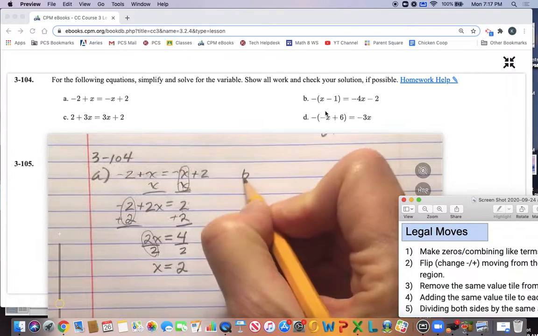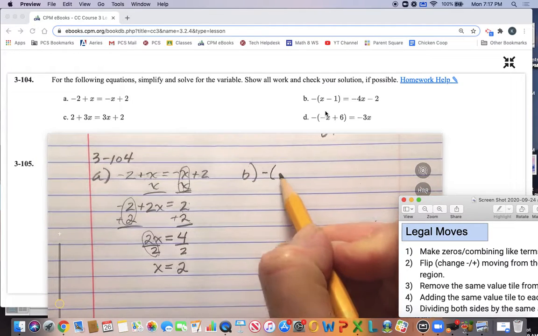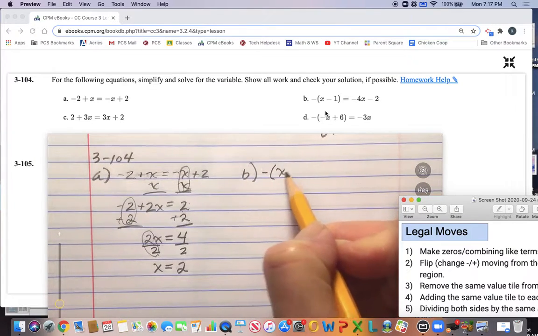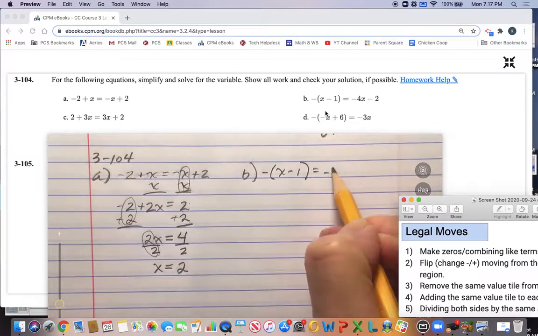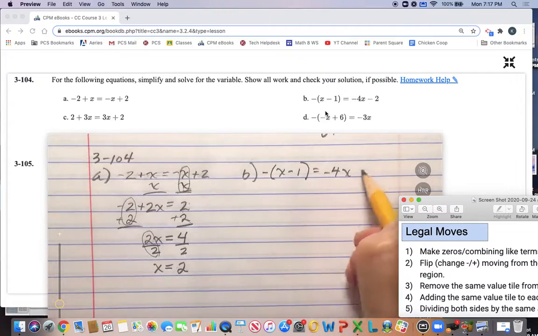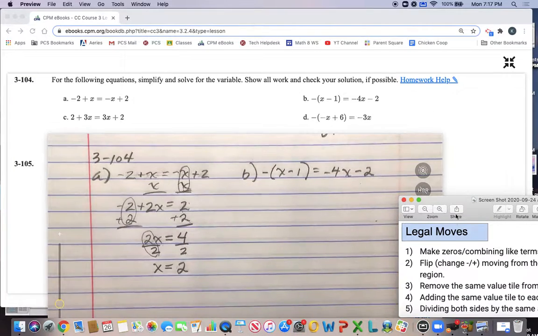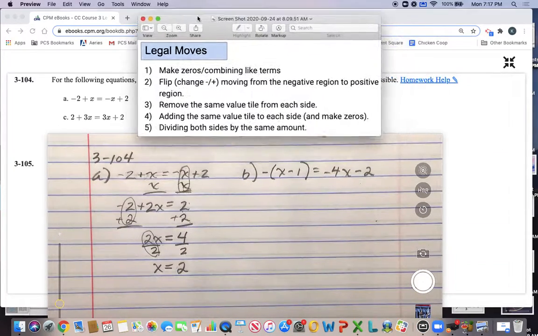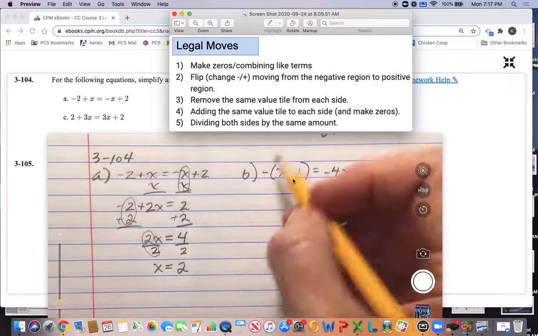Okay, so B, I'll rewrite that, is negative, and then we've got parentheses, x minus 1, and then that's equal to -4x minus 2. All right, so right away I can see here that it probably would be a good idea to use number 2 of my legal moves, which is to flip and flip all the values inside that parentheses.